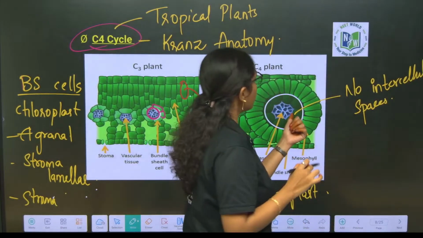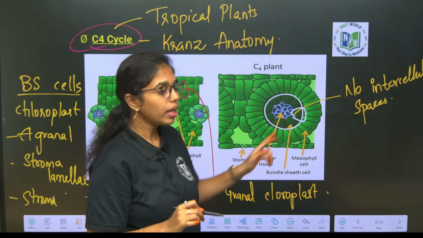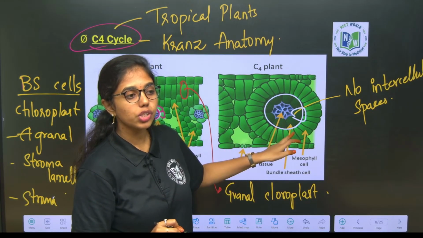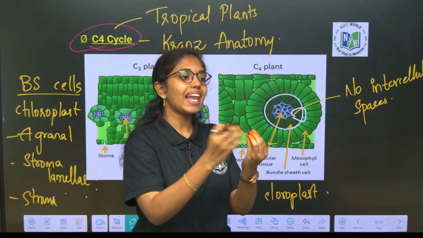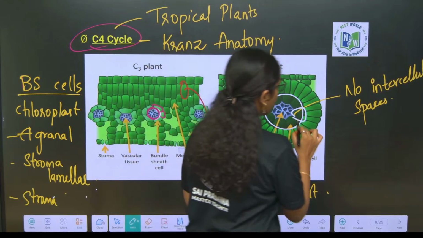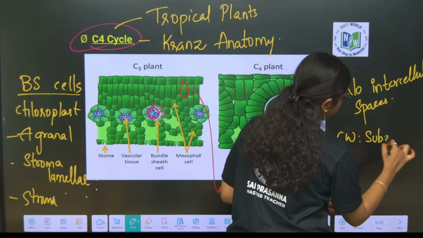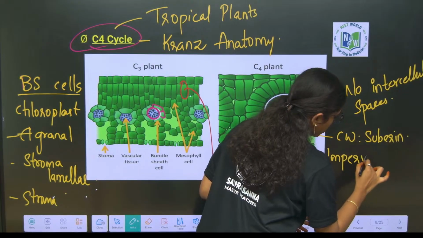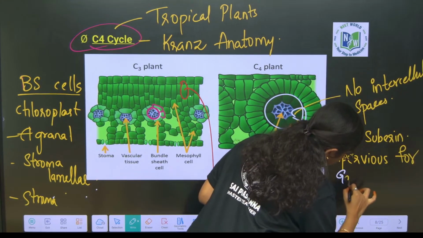Their walls have suberin depositions and are impervious to gaseous exchange. Remember this point: the cell wall is made up of suberin, which is impervious to gaseous exchange.